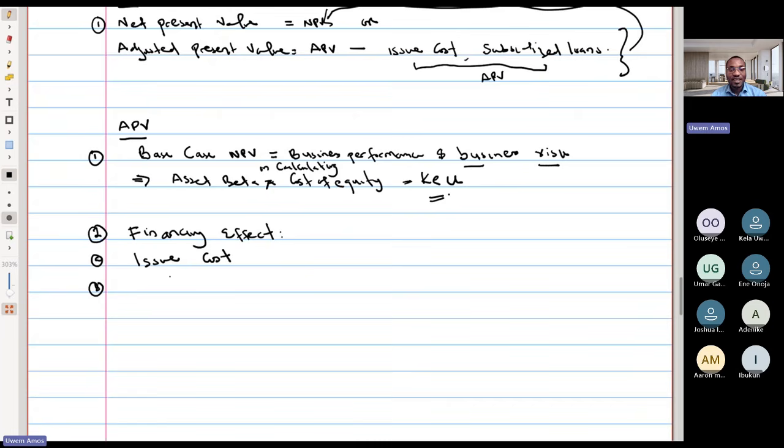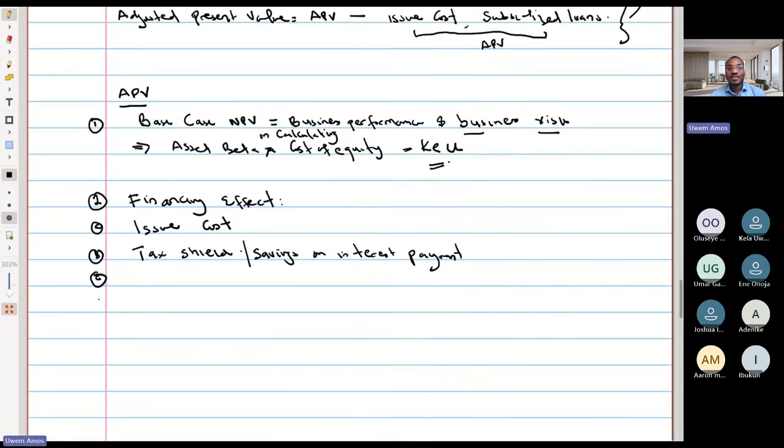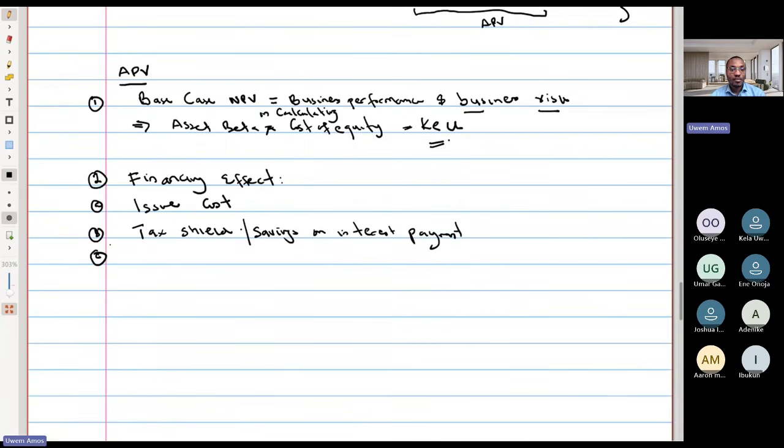So whatever the tax savings or tax shield on interest payment is, we're going to consider that. And if you do have a subsidized loan, you would consider the net benefit on subsidized loans.